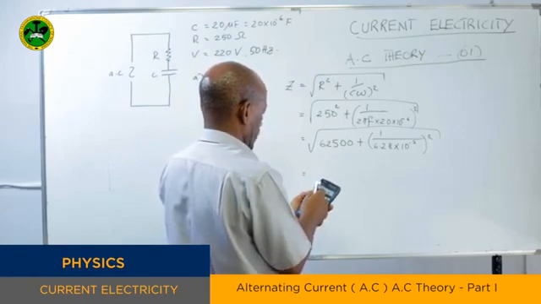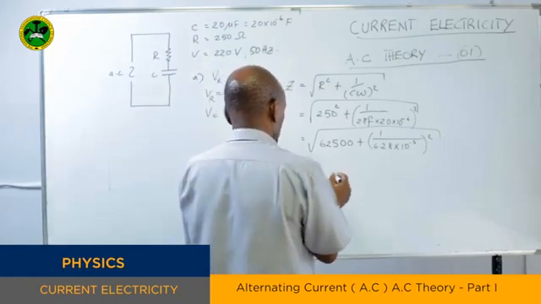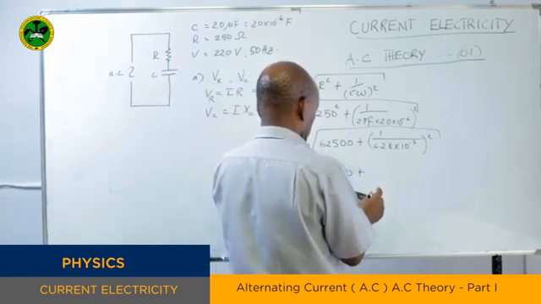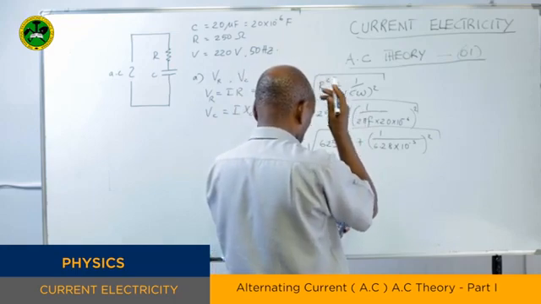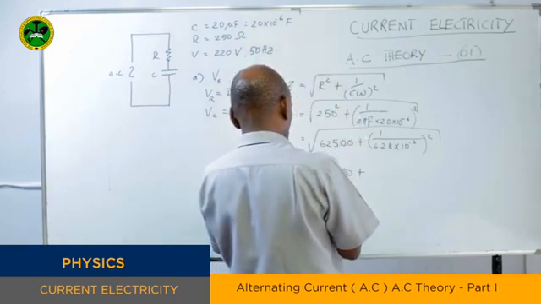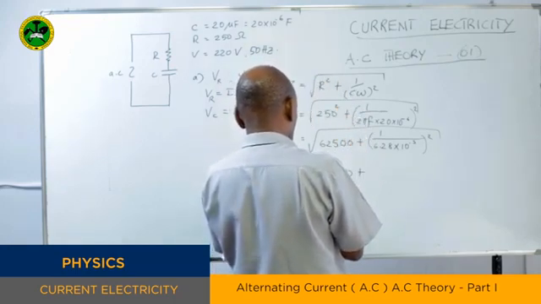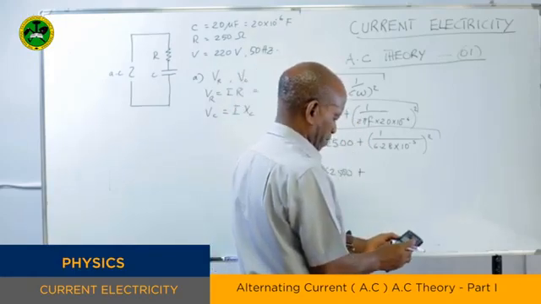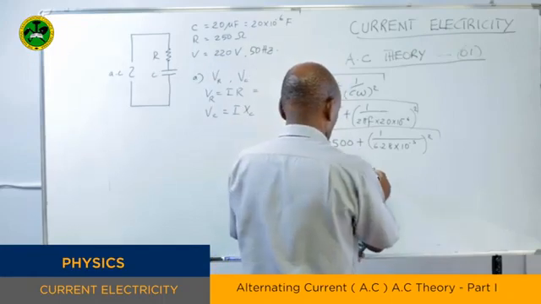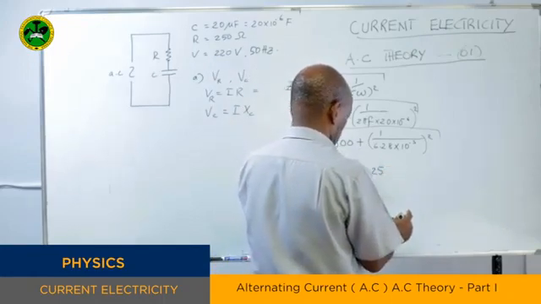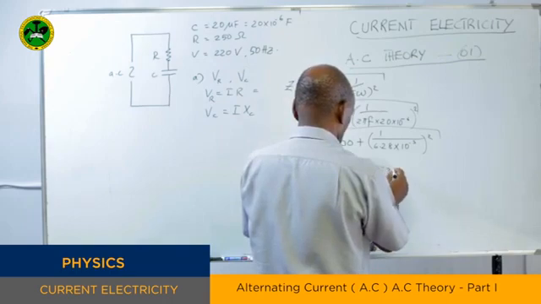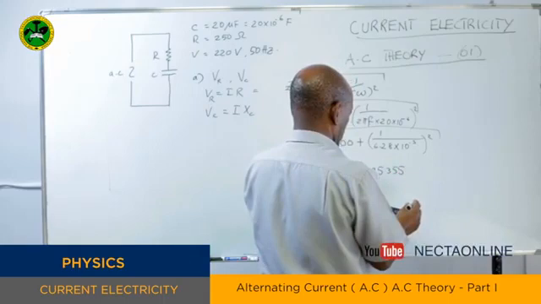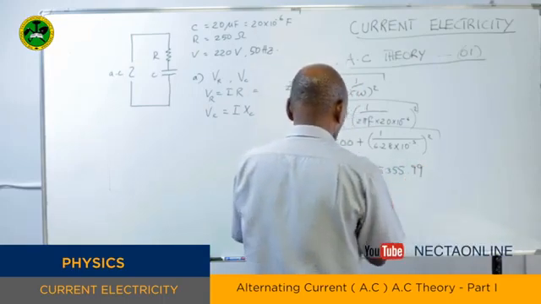Now if I square straightforward, I'm going to get 62,500 plus 355.99.